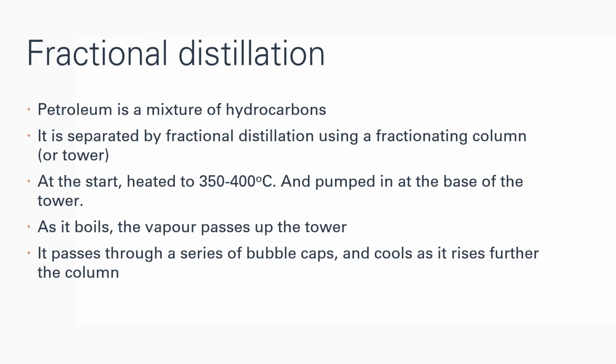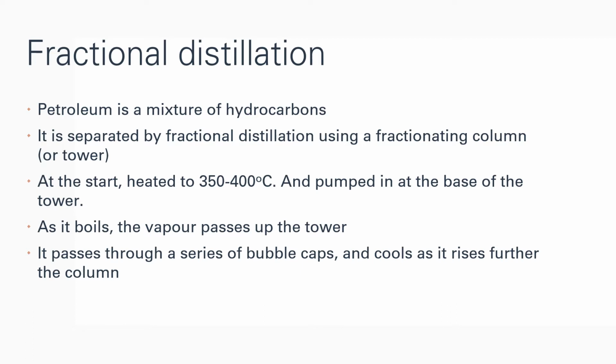Fractional distillation. Petroleum is a mixture of hydrocarbons. It is separated by fractional distillation using a fractionating column or tower. At the start, it is heated to 350 to 400 degrees Celsius and pumped in at the base of the tower. As it boils, the vapor passes up the tower.